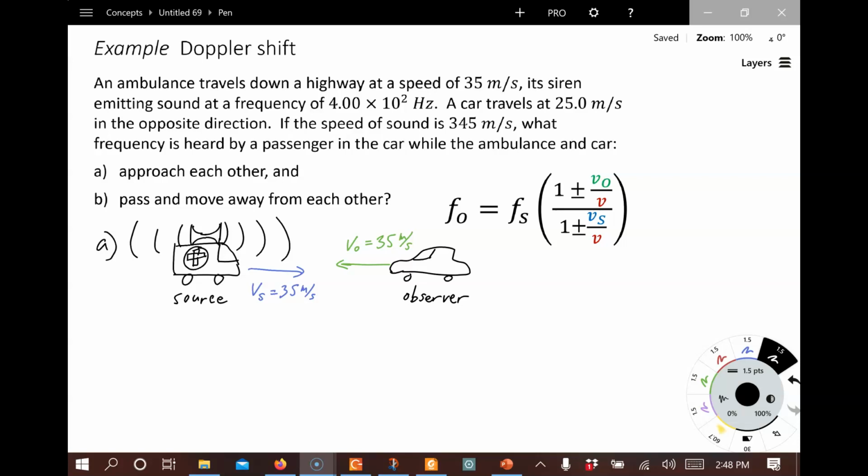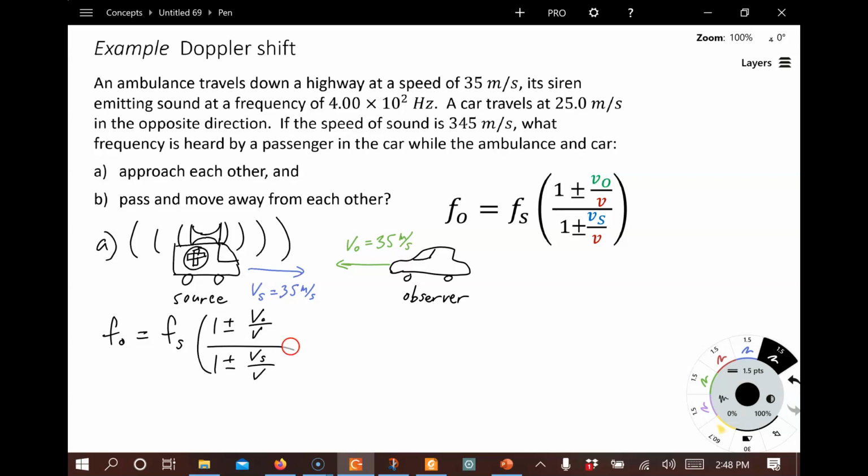Let's calculate what the observer's frequency is. So this is the observer's frequency, which is Doppler shifted from the source frequency, Fs. And so in the top we have the equation for the observer, and in the bottom we have the equation for the source.